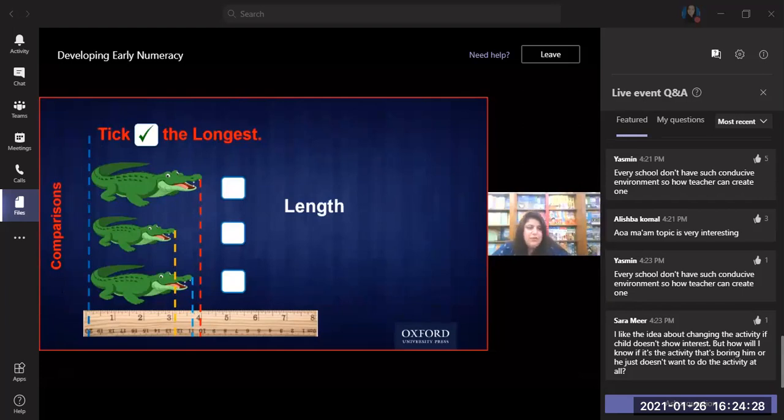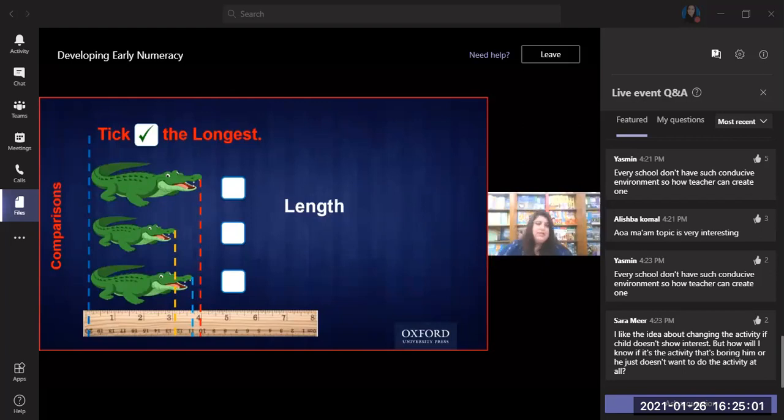So not only are the children able to make a connection between the length of the crocodile, but they are also able to connect it with centimeters and inches. So these comparisons can be very useful for the students, and later they can make a connection with real life situations, and they can measure objects around them and see which one is longer and which one is shorter.